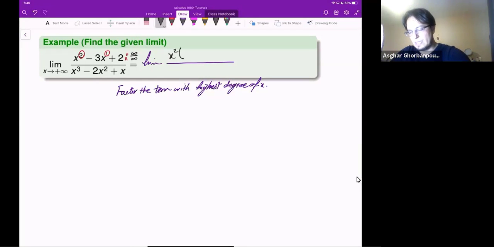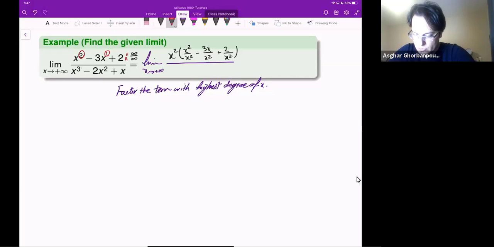You may say, okay, wait a minute, how am I going to factor out x squared if I don't have that factor in the other terms? Basically what you do is divide all the terms by x squared. And you do the same thing with the denominator.